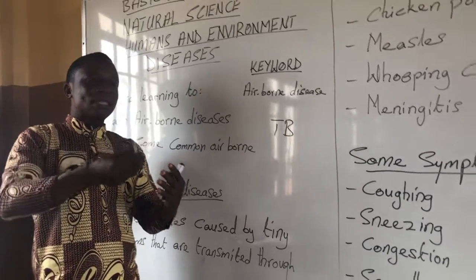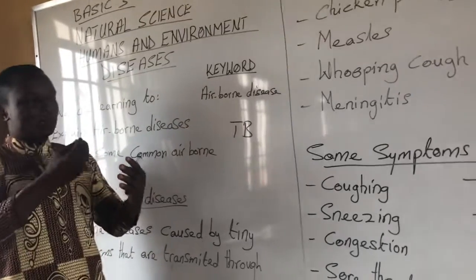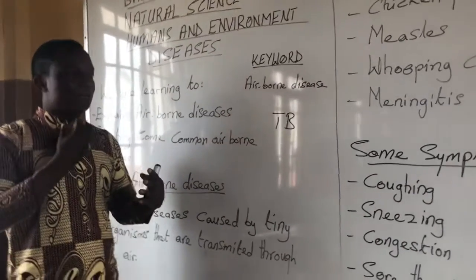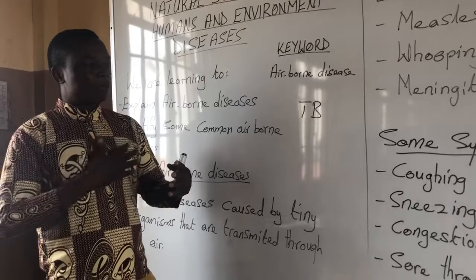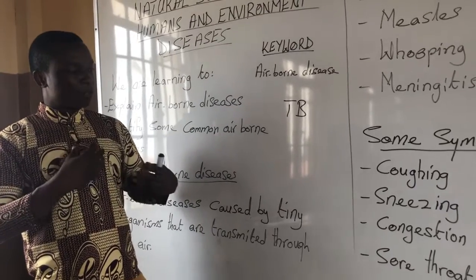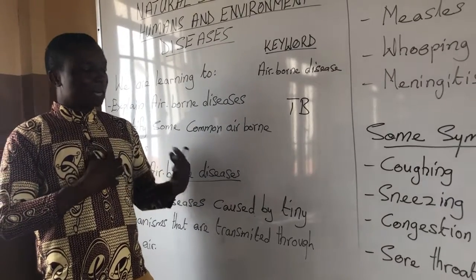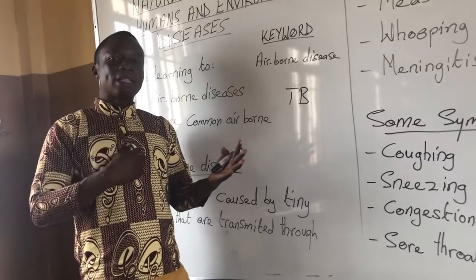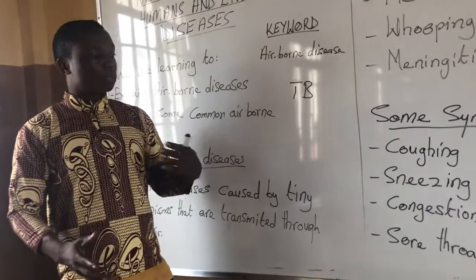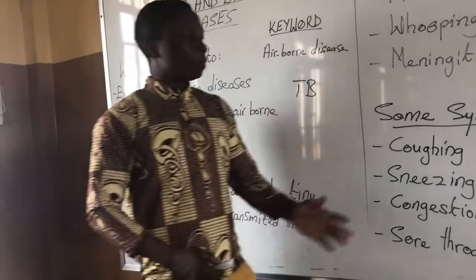So the little water, the little food that they take in, they feel pain. And when you get to a point that you have damaged lungs, you will find it very difficult to breathe.